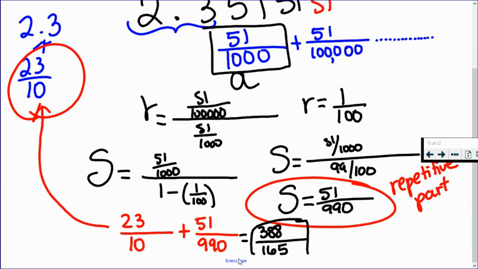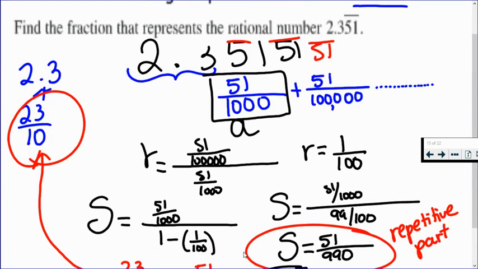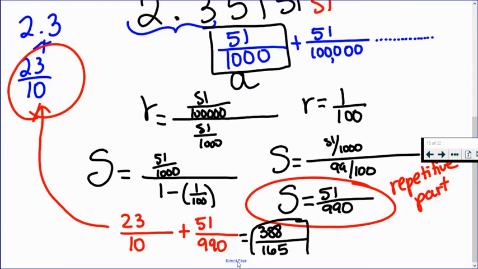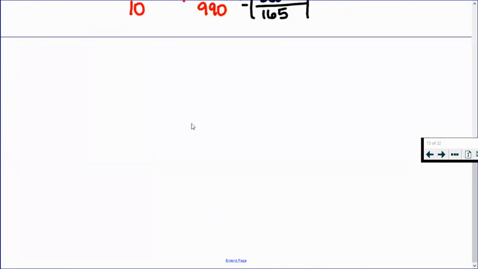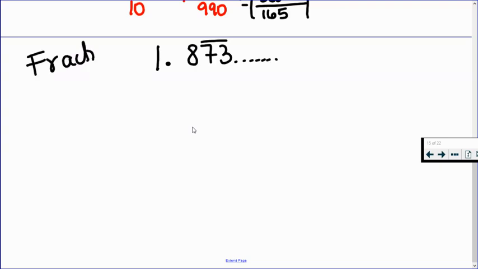I would like to do one more problem just like this. So I'm going to find a fraction that will be equivalent to the rational number given. I'm trying to write this as a fraction.